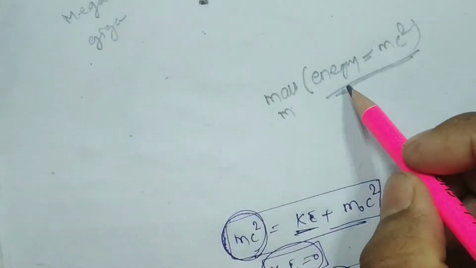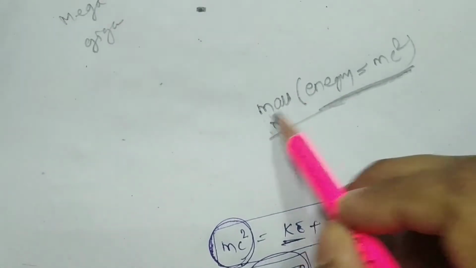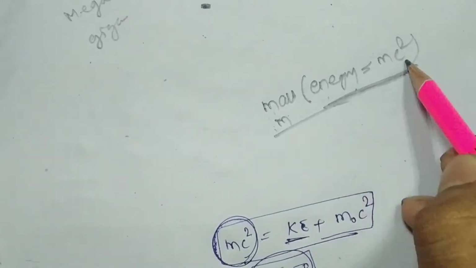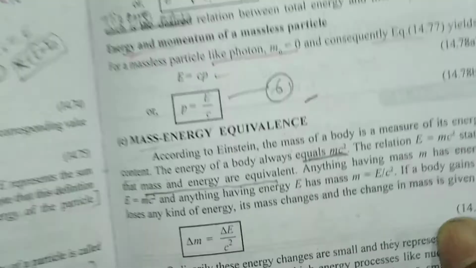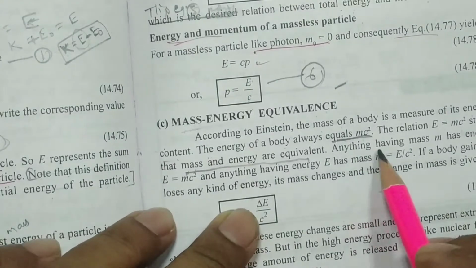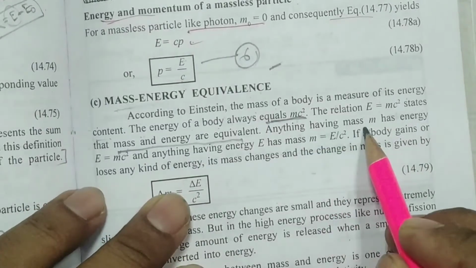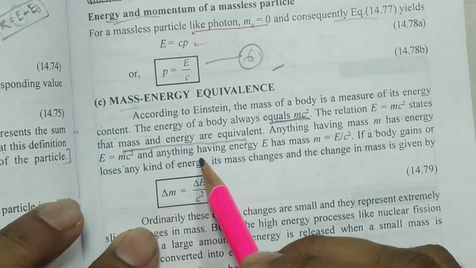If I write a sentence, mass or the so-called energy is equal to mc square, there is no mistake. That means every mass is equivalent to energy. Anything that has mass has energy equal to mc square.